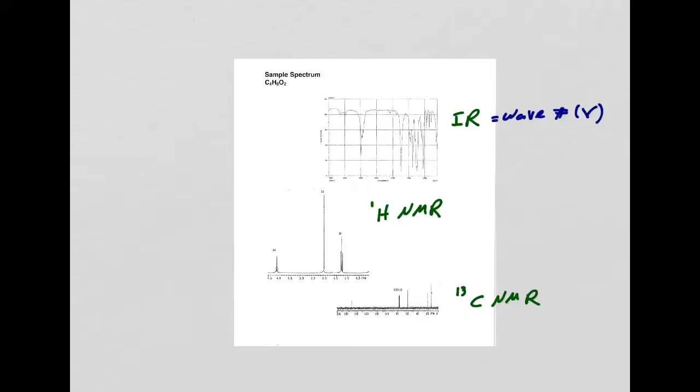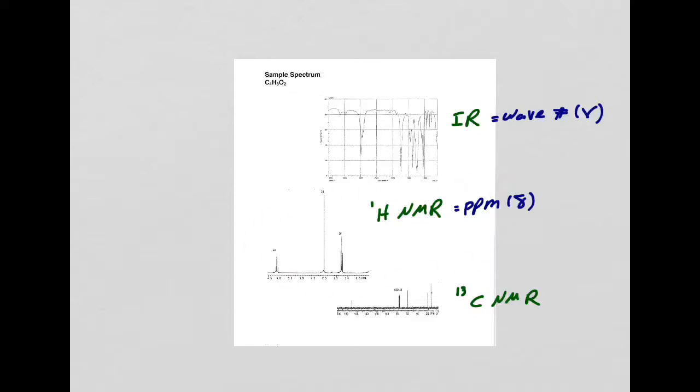Now here's a proton NMR, where we use ppm, parts per million. It is a delta scale. So IR was wave number and proton NMR is ppm. So far so good? Alright.